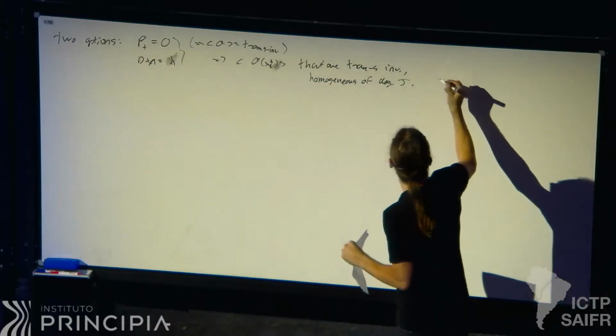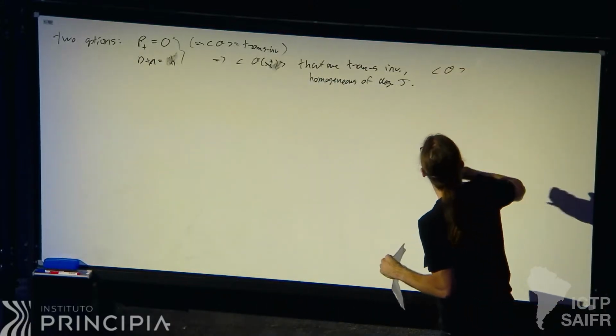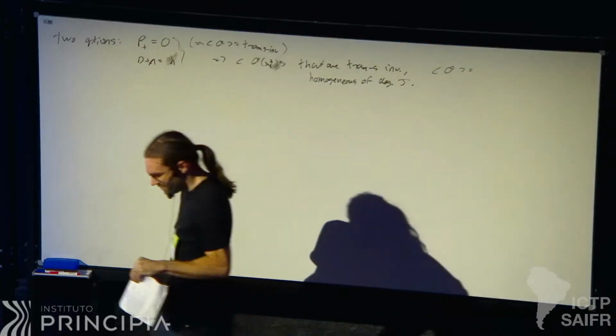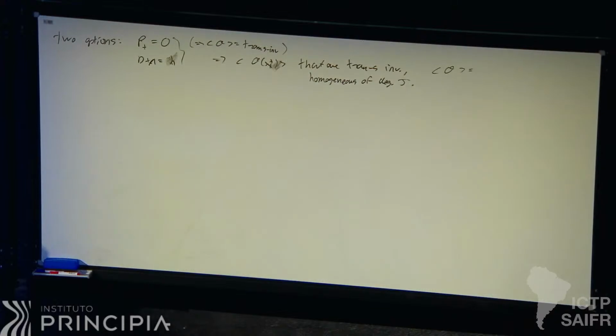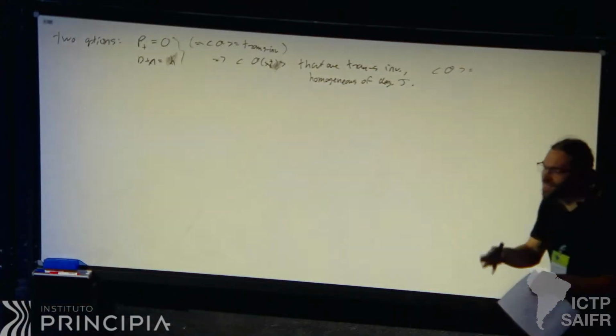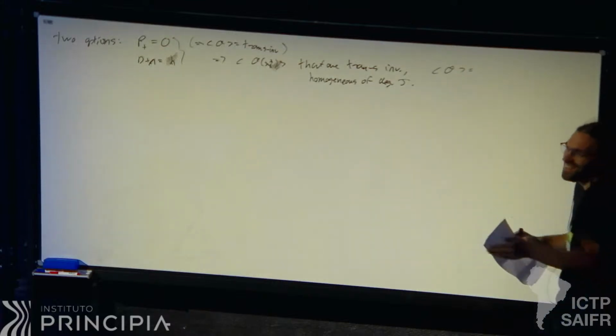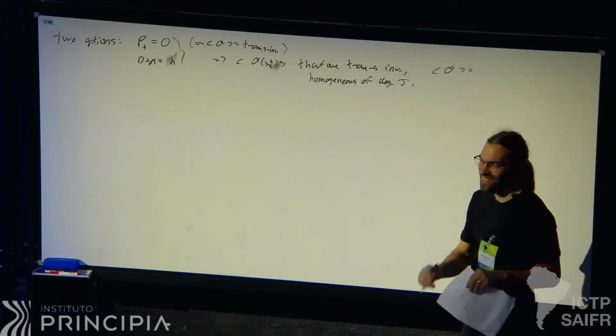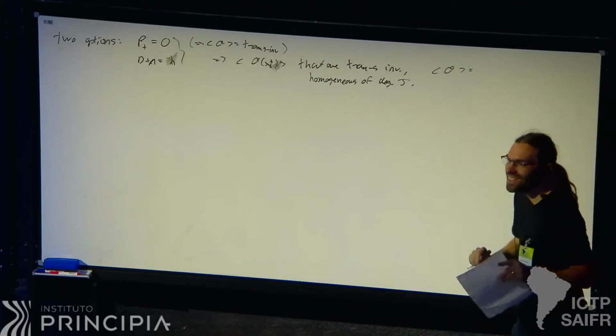So effectively, we're going to be looking at averages that go like this. Now I'm going to anticipate the question that Kolya already asked. I will not answer yet, but the answer is coming.